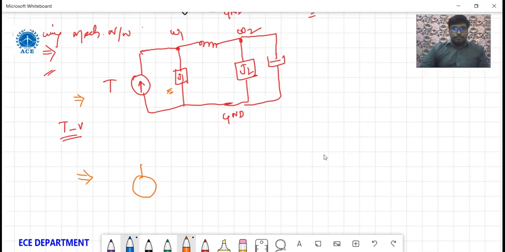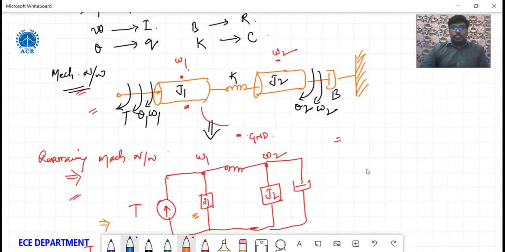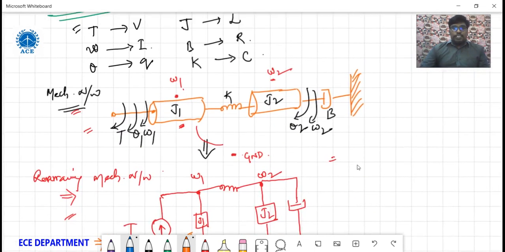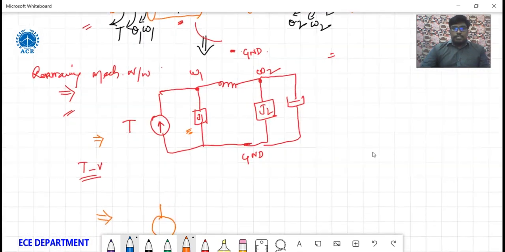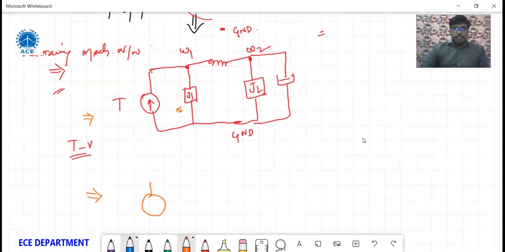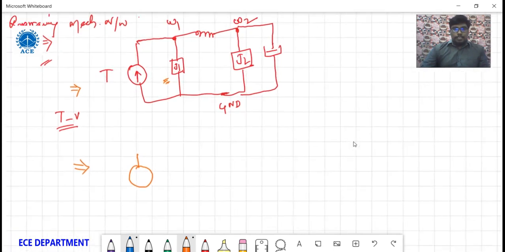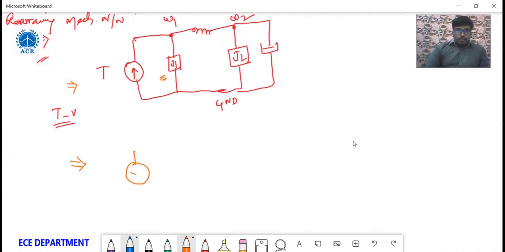See here, so torque becomes voltage, inertia becomes inductance. You need to consider all this. So torque becomes voltage, plus minus voltage.